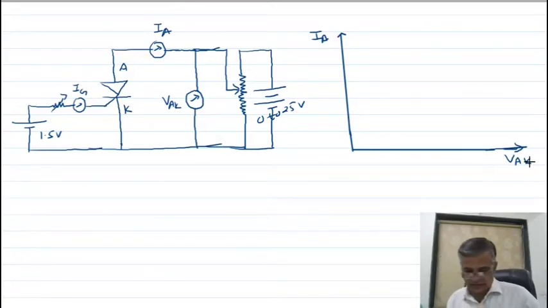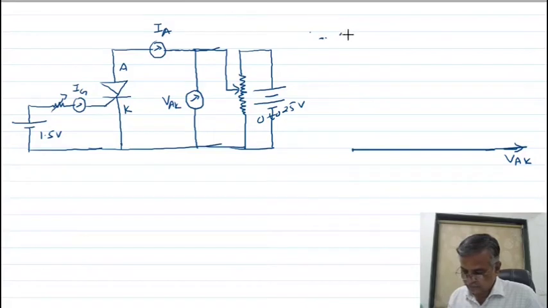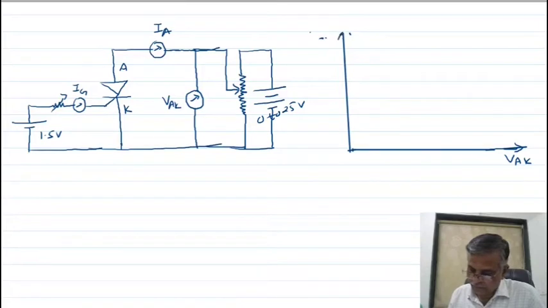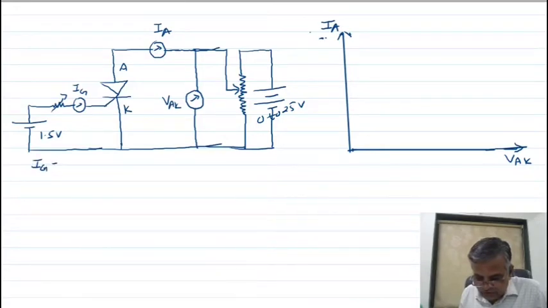Suppose I have kept the gate open, means Ig is 0.